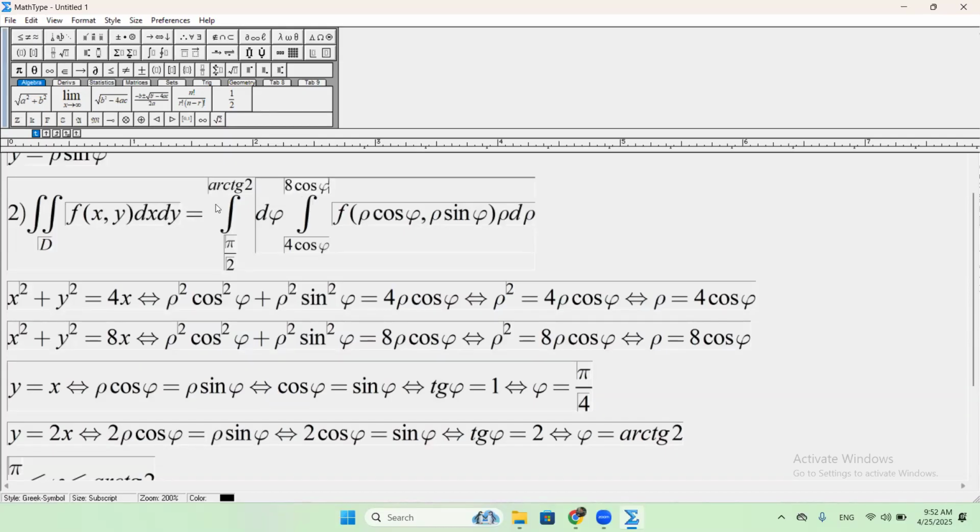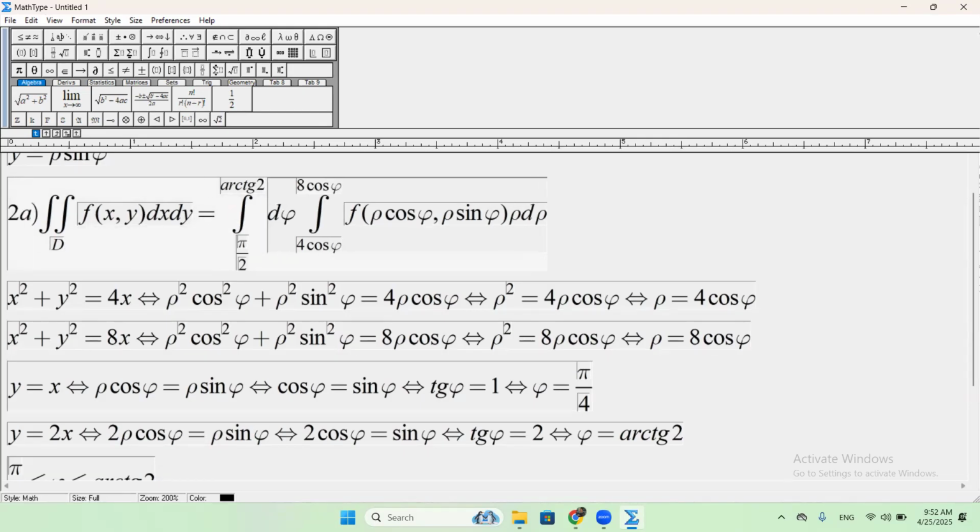So this is our integral in polar coordinates, and yeah, we don't know the function, but actually these integrals are equal.